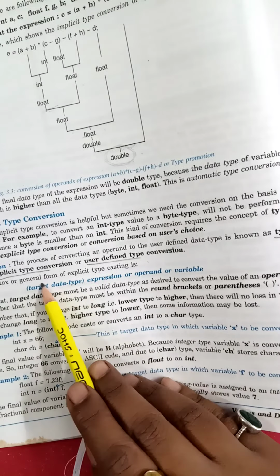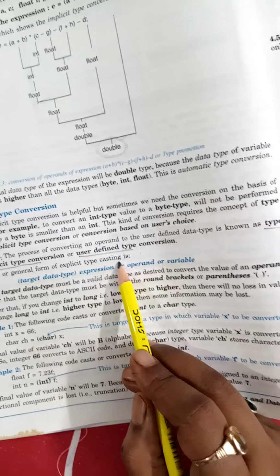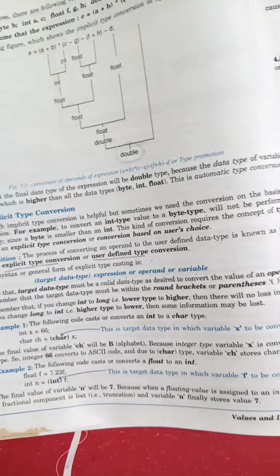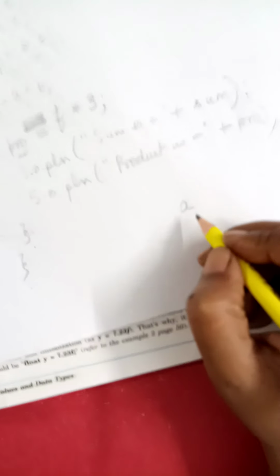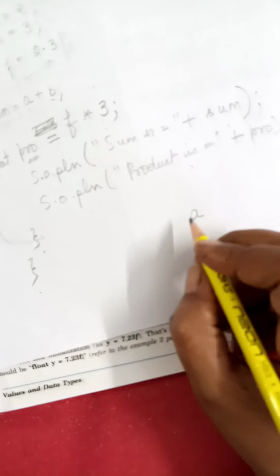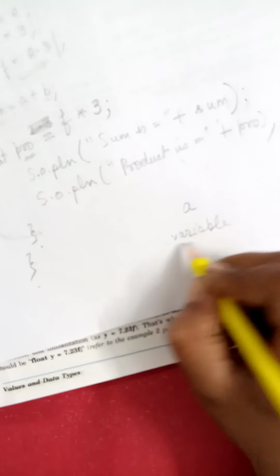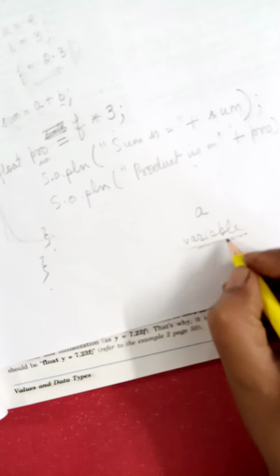This is the general form of explicit typecasting. I am just writing the general syntax. The variable can be an expression, an operand, or simply a variable.